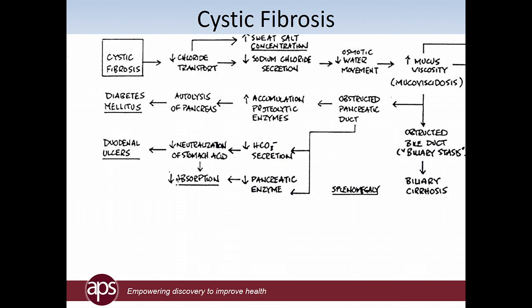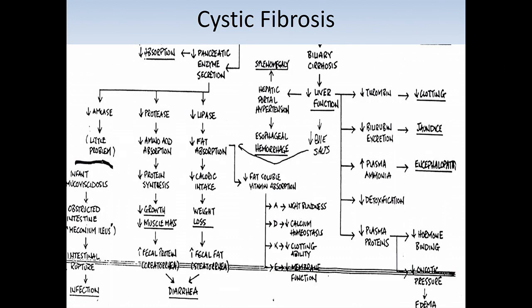As we go through this, we'll develop it more. And I will point out to them that we have an obstruction in the bile duct, okay? The backup can cause biliary cirrhosis. That has a whole list of things associated with that.